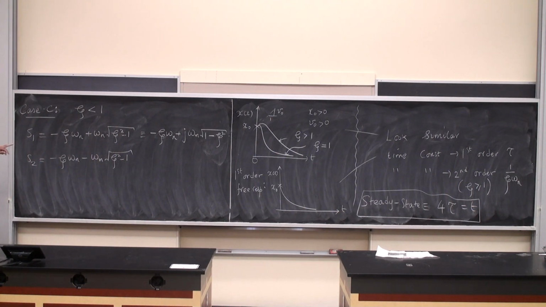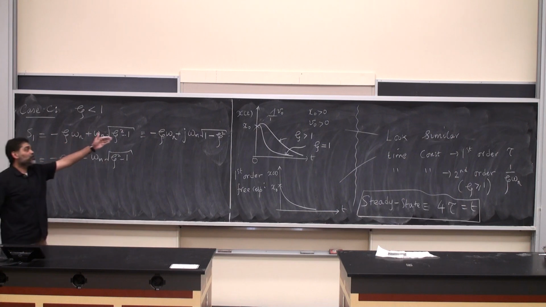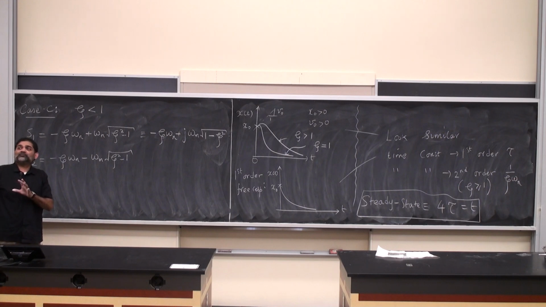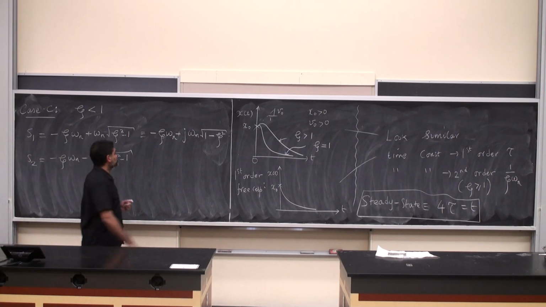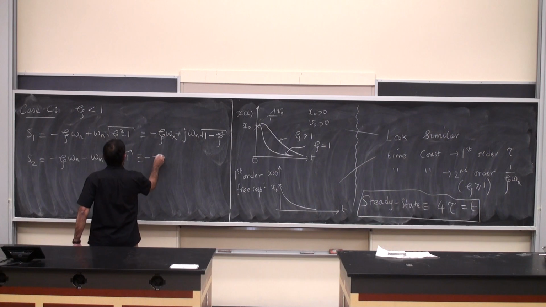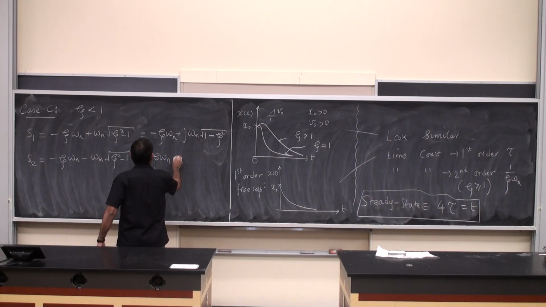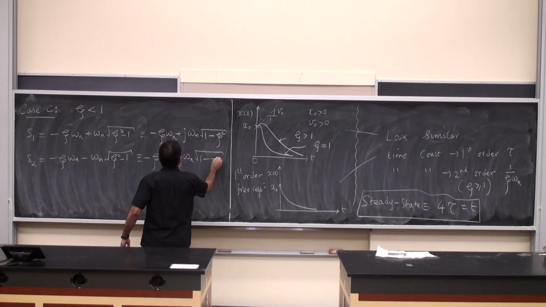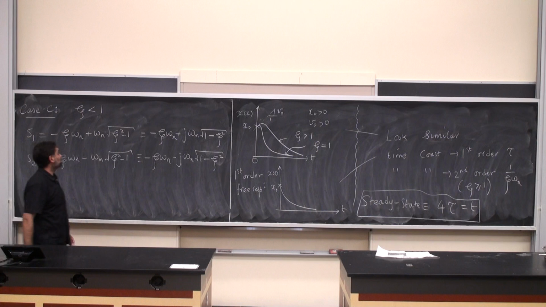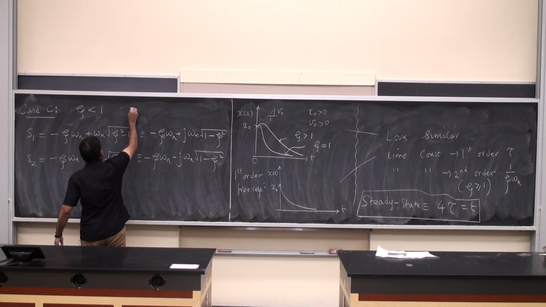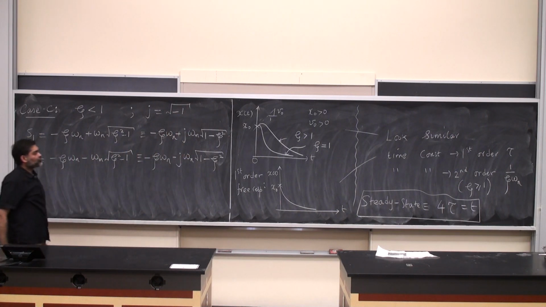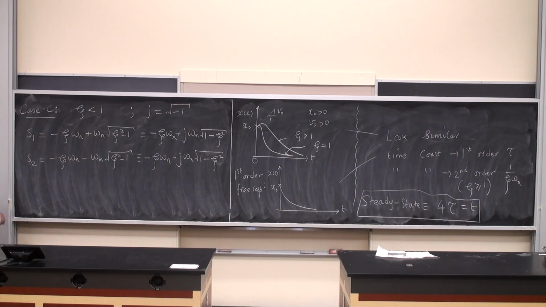I'm taking an imaginary square root of minus 1 out so that the square root of 1 minus zeta square is now a positive value. But I already anticipated that the system response is going to give me complex conjugate roots. And so this is likewise minus zeta omega n minus j times omega n times the square root of 1 minus zeta square, and j is square root of minus 1. Nothing special about writing the j first, you can write it at the end, but this is typically how nomenclature works. Okay?